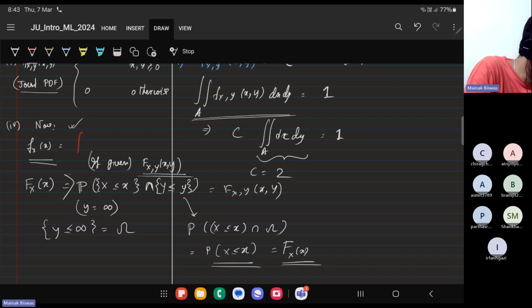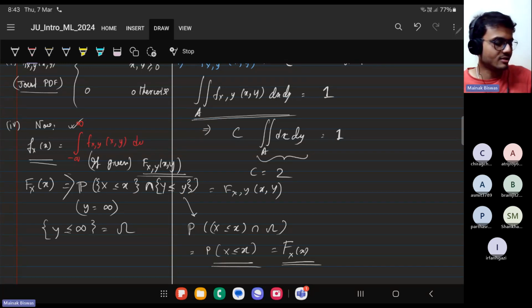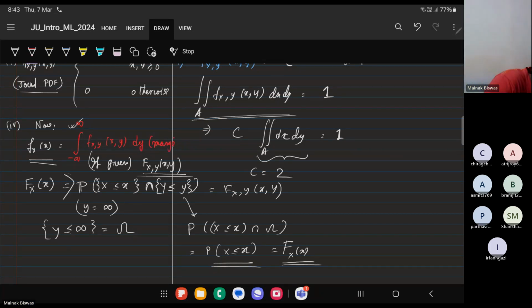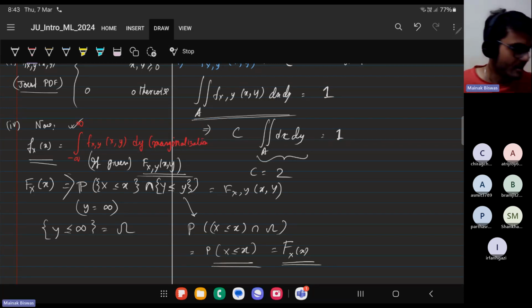It is equivalent to integrating from minus infinity to infinity, as Partho was telling me, f of x, y, dy. Integrating the y variable out. This is called marginalization, and therefore this is called a marginal.